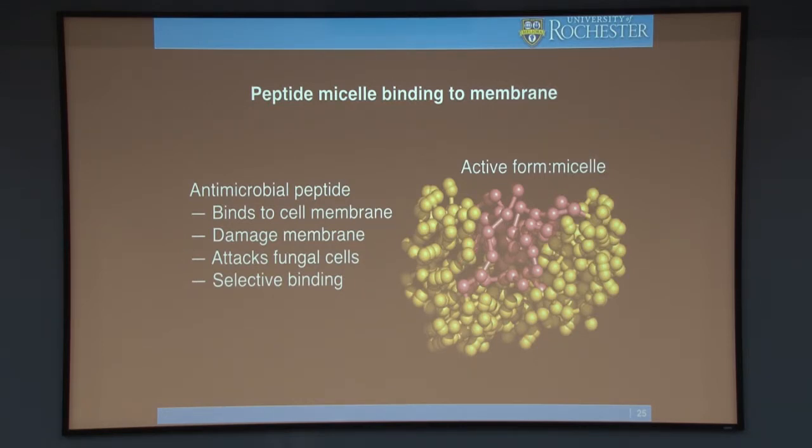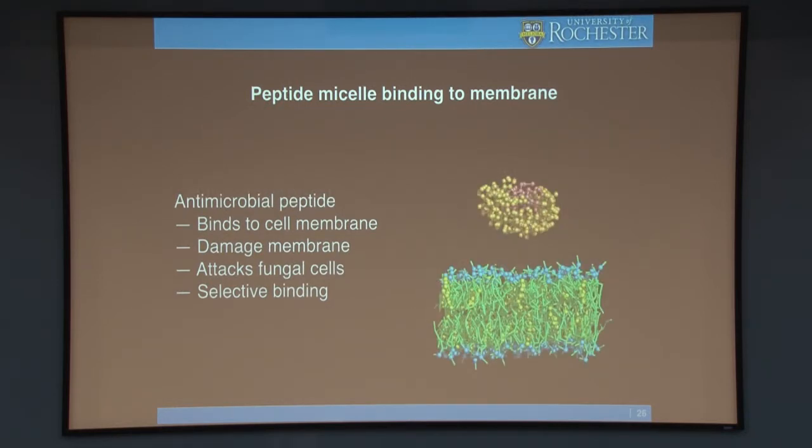This is called a micelle. It's what soaps do when you put them in water. So these micelles are present in the water, and we can use that to see how they will interact with the membrane. Since I said before that they damage cell membranes, we wanted to study how these micelles damage them, and if we change the lipids present in the membrane, how that would affect the binding.